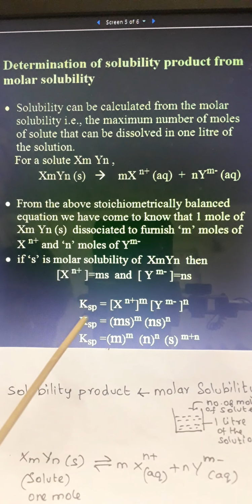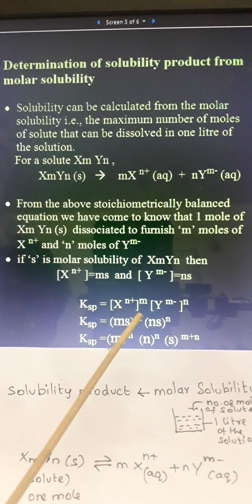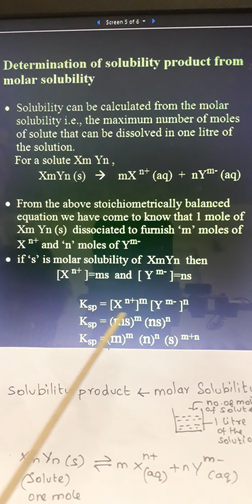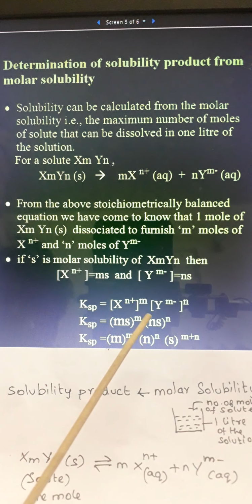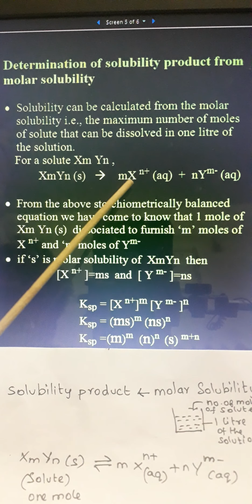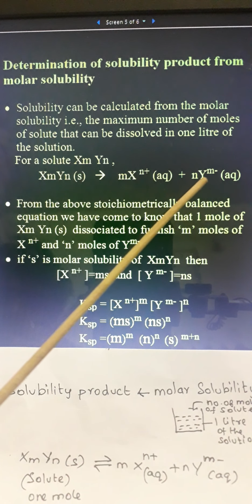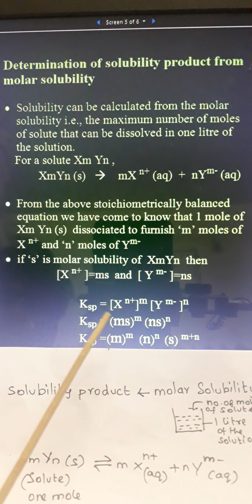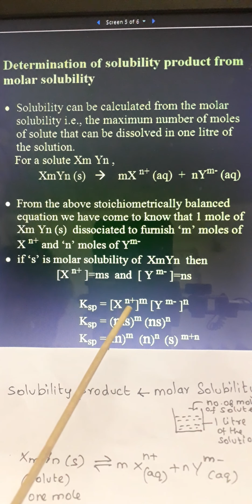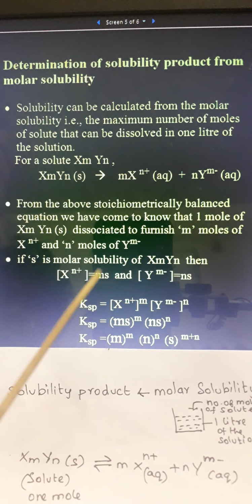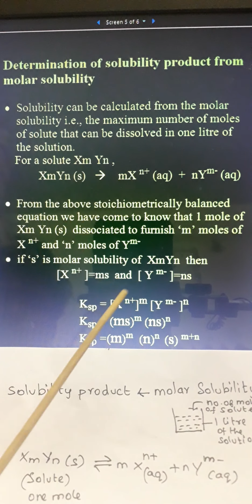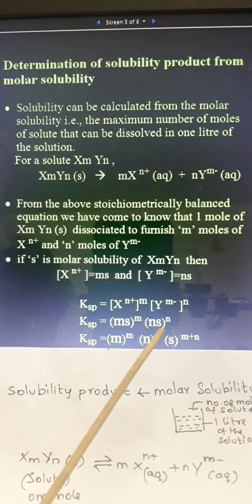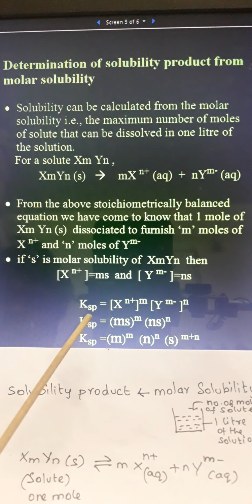How do we write the Ksp? The solubility product is equal to the product of the molar concentrations of the constituent ions, [X^n+]^m [Y^m-]^n, with the coefficient written as an exponential power. This is Ksp, the solubility product.